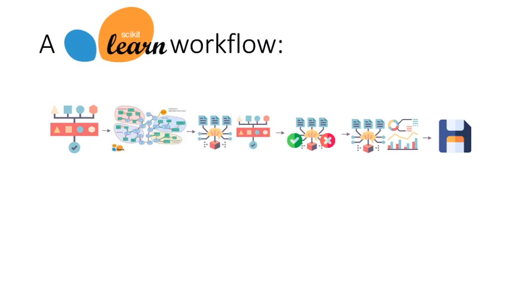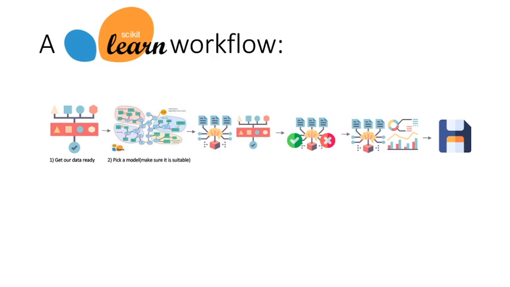So here is a Scikit-Learn workflow. We're going to get familiar with this workflow throughout the whole series, so it's better to get to know it now. The first thing you want to do is get your data ready, because that's very important. Otherwise you can't really make a machine learning model without data.